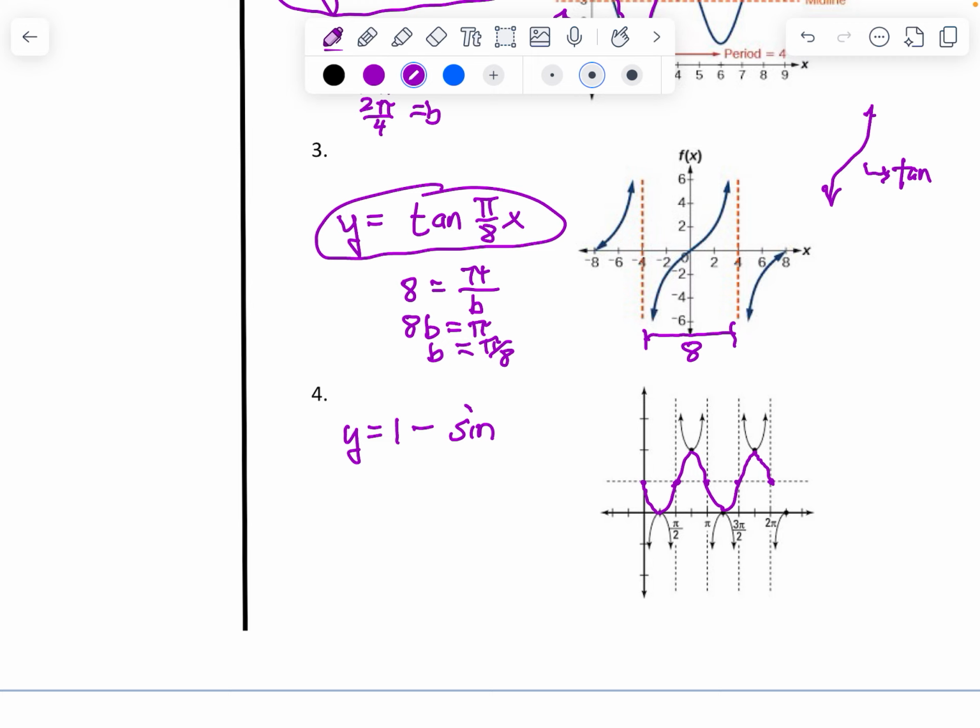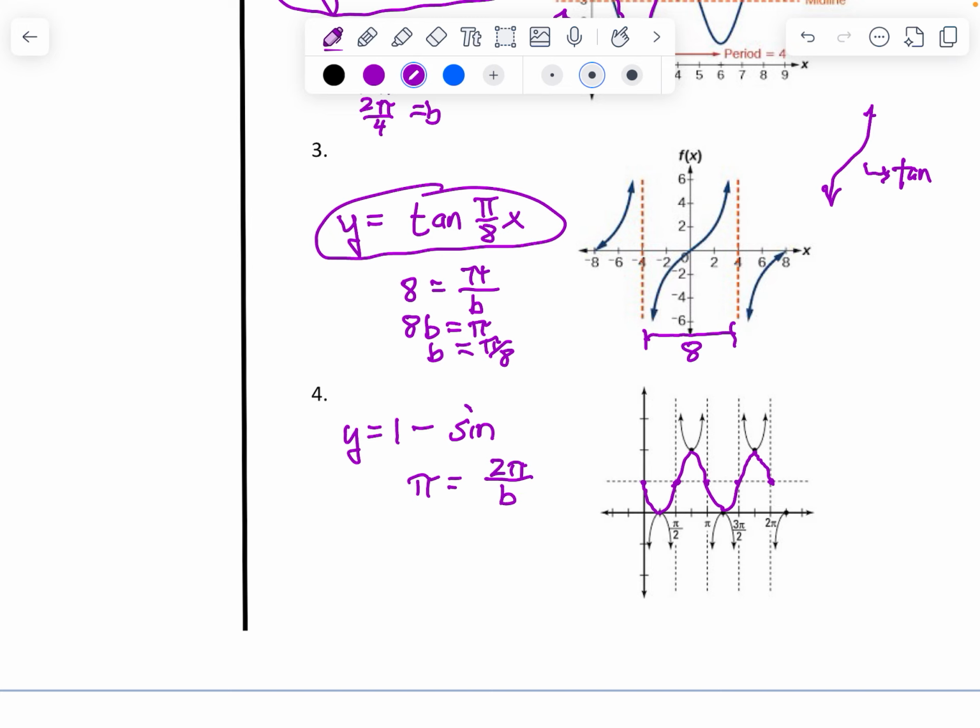Now, I've not shifted it side to side anywhere either, but I do have to look at the period on this, and notice that I have two periods drawn here. So one period is pi, so pi will equal the 2 pi over b for the sine graph.